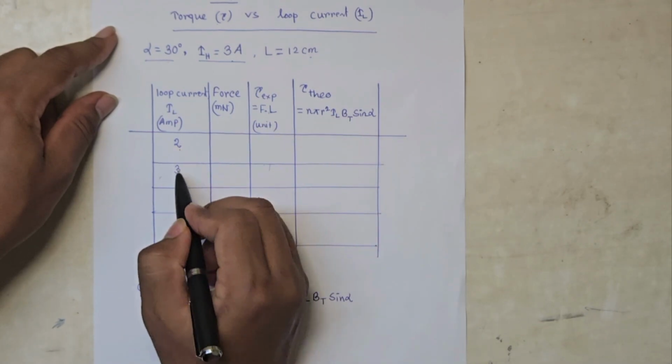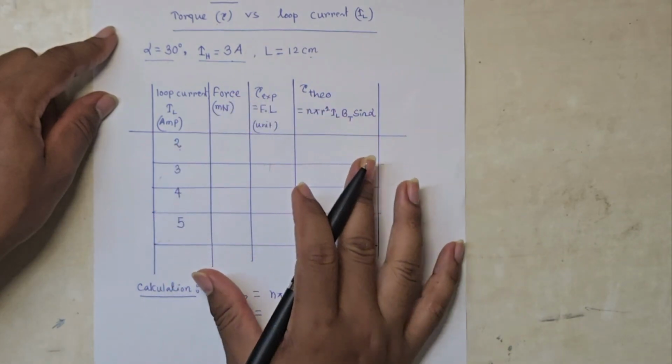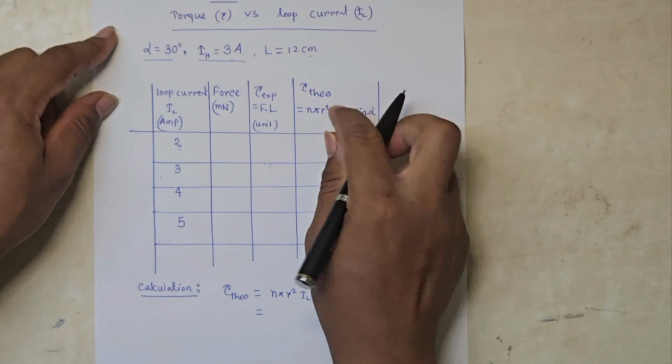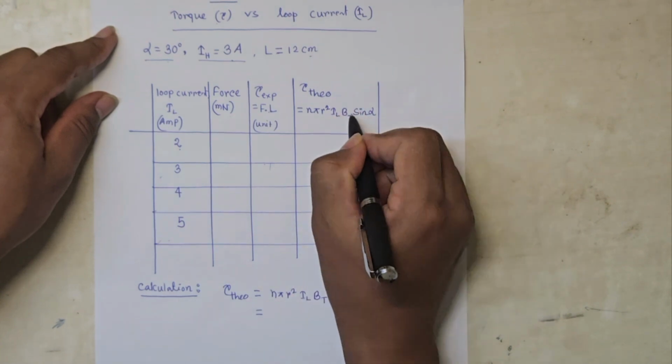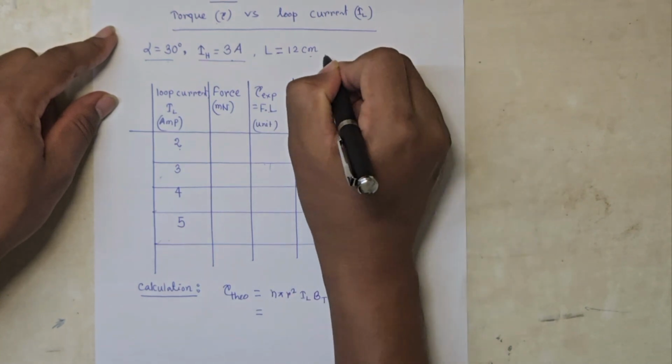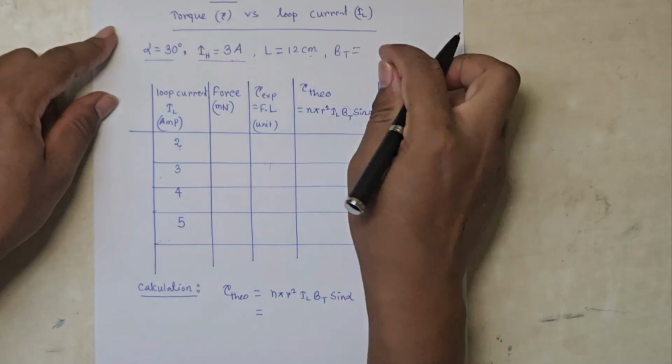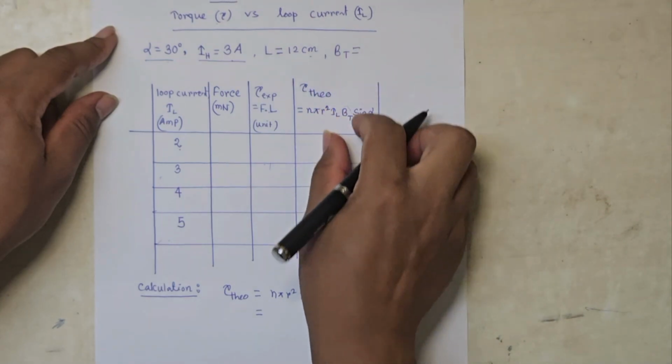You measure this for 2, 3, 4, 5 ampere. There is also a theoretical calculation, for which the B value, BT, we get from table 1.